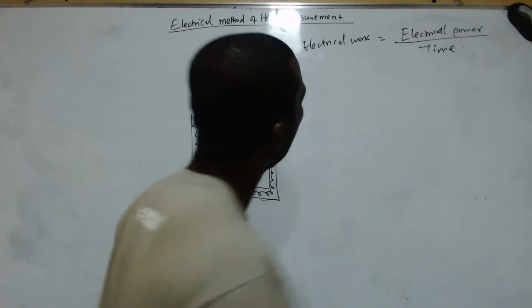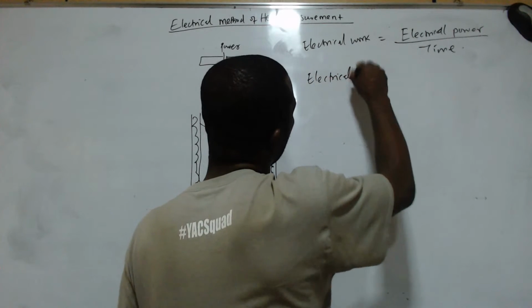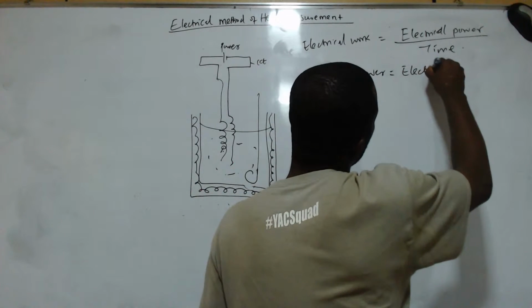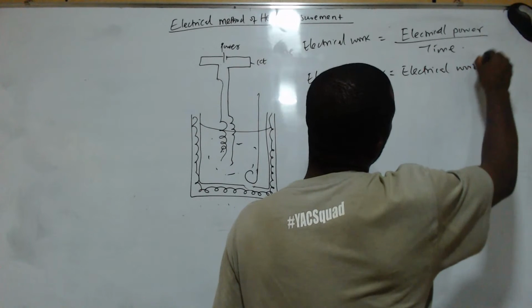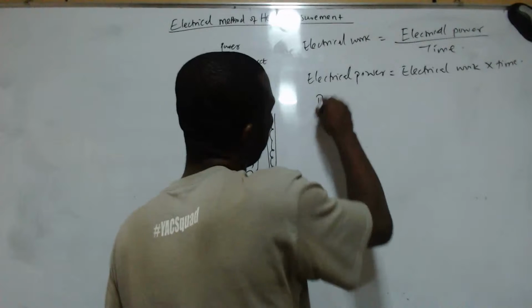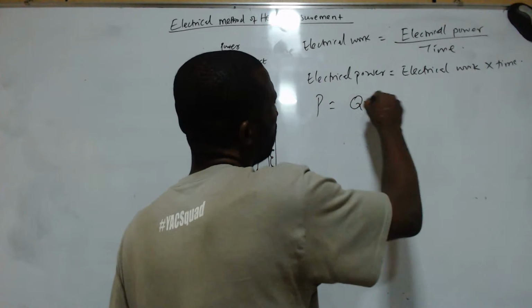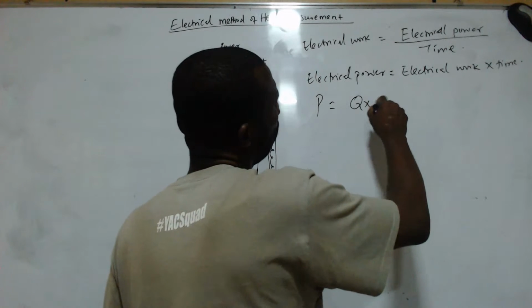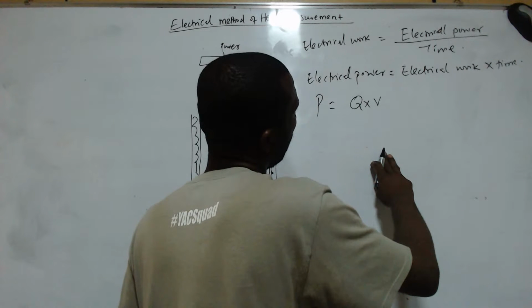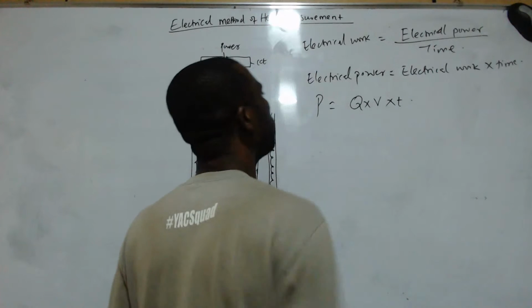So we have that electrical power will be equal to electrical work multiplied by time. So power P is equal to work. Work is charge times what? Voltage. Multiplied by time.